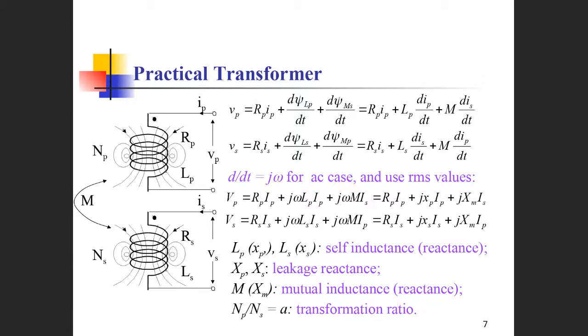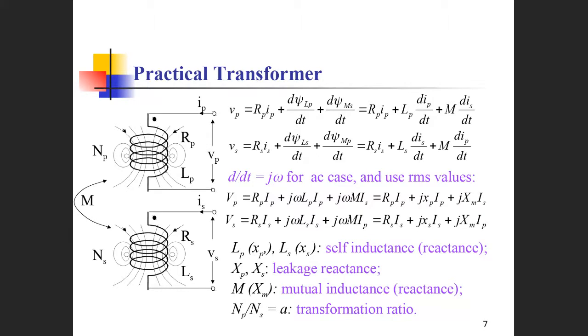It depends on the coil's self-produced flux. If you have another coil close to it that also produces flux, that flux comes into the coil. Then one coil's induced voltage depends not only on the flux produced by itself, but also on the flux coming from the other coil.